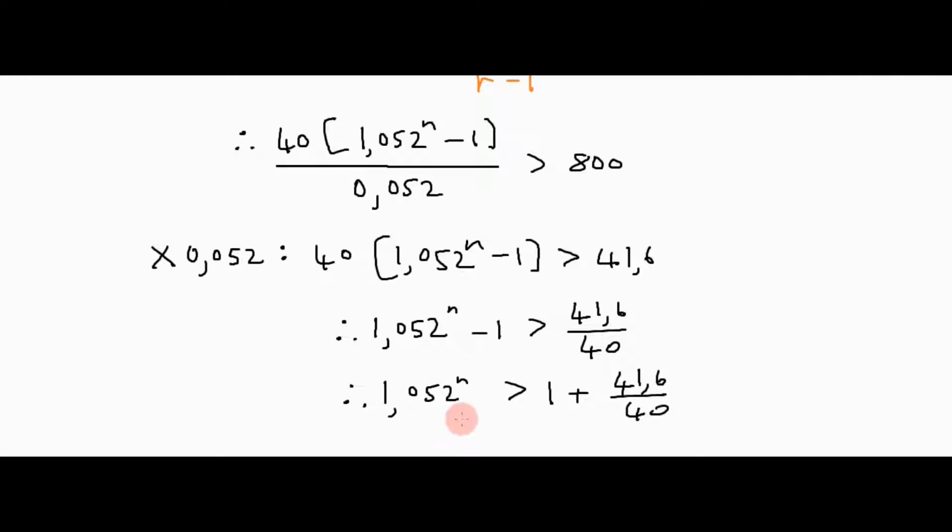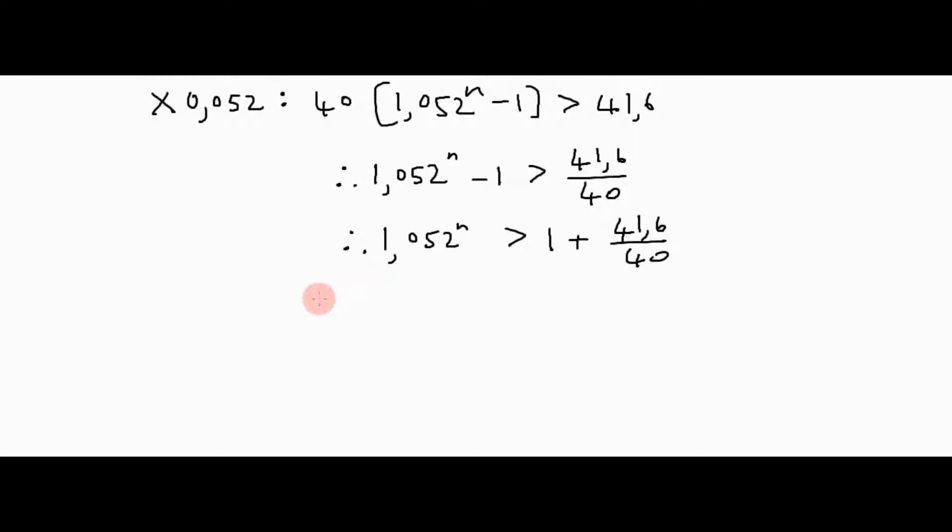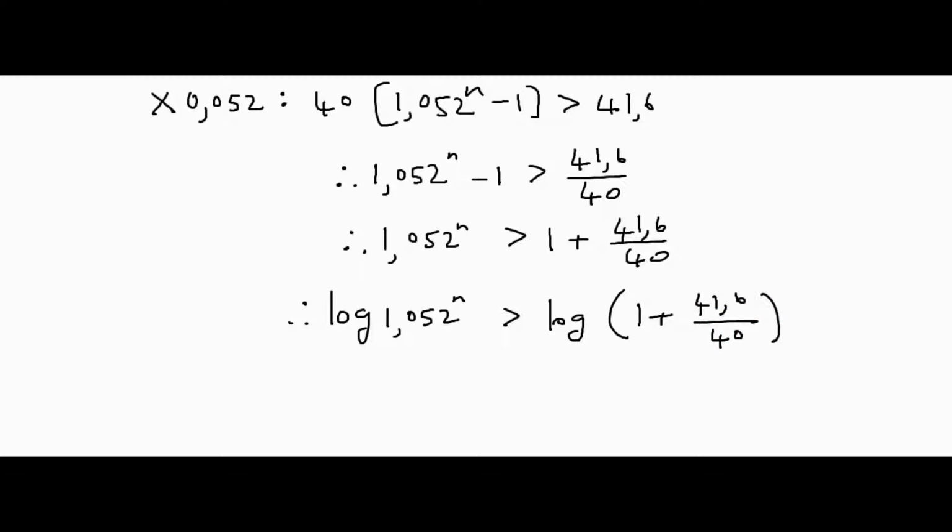Now, this is an exponential equation where the unknown n is in the index or the power. So we're going to use logs. We're going to take the log on both sides. And now we can use the log rule that says the log of a to the m is m times the log of a.